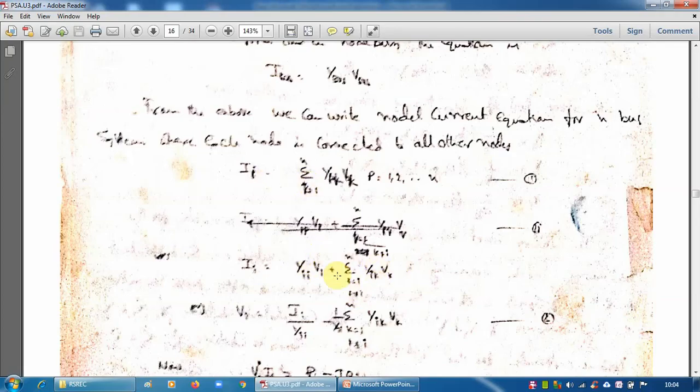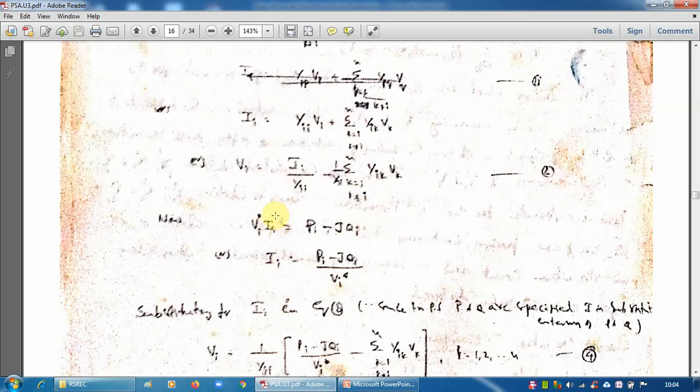Like that, this is written in modified form. And from this equation for Ii, this is taken to this side and simplified, and from this we have written the expression for bus voltage Vi, which is Ii by Yii minus, and this will go this side, 1 by Yii, like this.